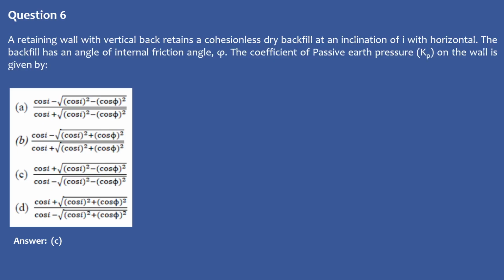Let's check the answer. The answer is option C. From the earth pressure theories, there's a particular relation. Say you have a retaining wall supporting a backfill inclined at an angle of i, and the soil has internal friction angle phi.